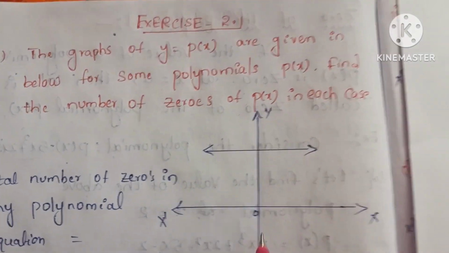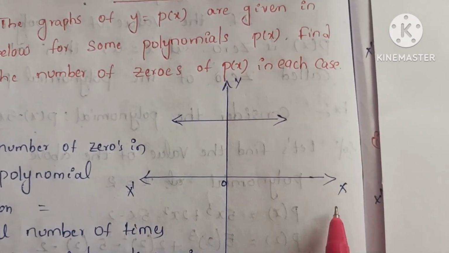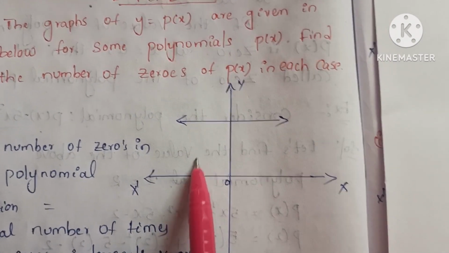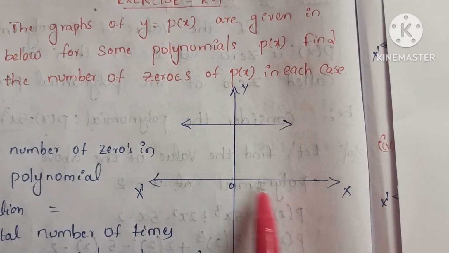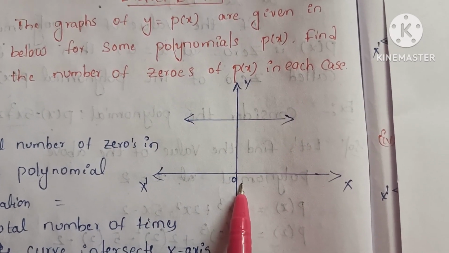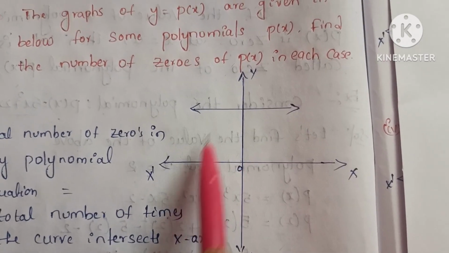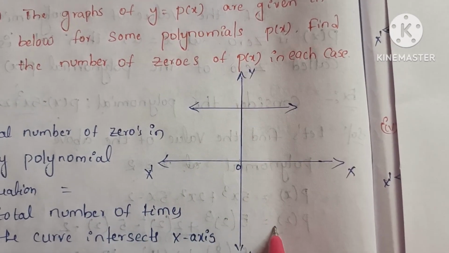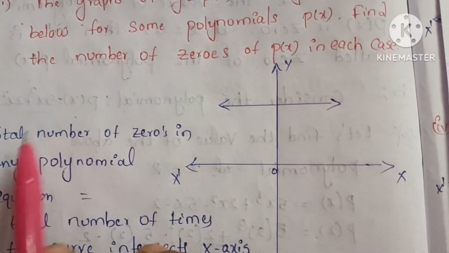Here in this graph, we have the x-axis and y-axis. This line is parallel to the x-axis, but it does not intersect it at any point.